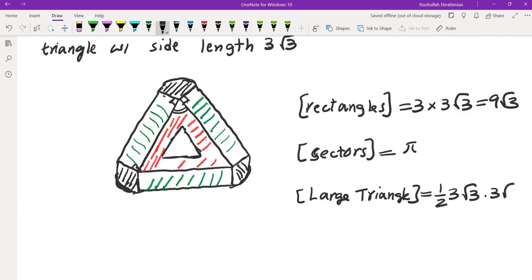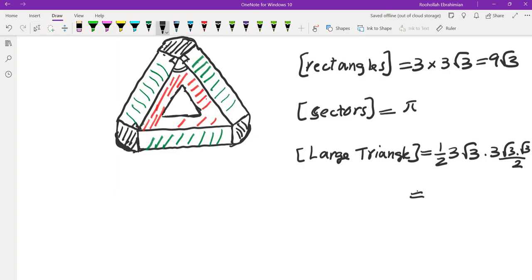So the height is 3 root 3 times root 3 over 2, which is going to be a quarter. 3 times 3, that's 9, times 3, 27 root 3. So the area of an equilateral triangle is root 3 over 4 times the side squared.